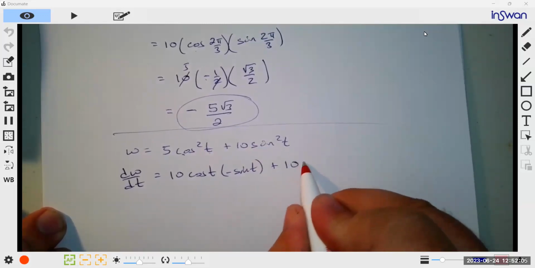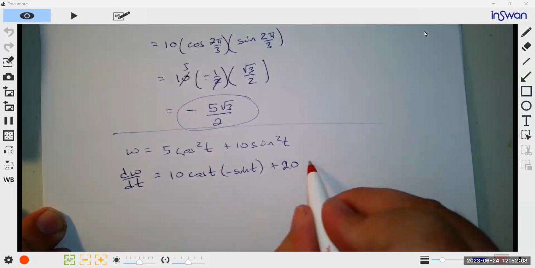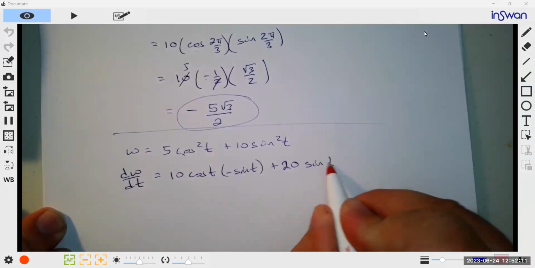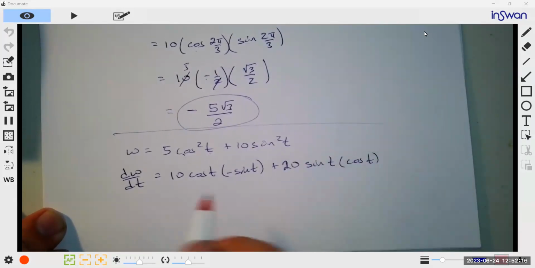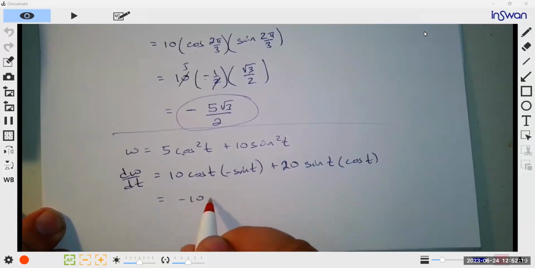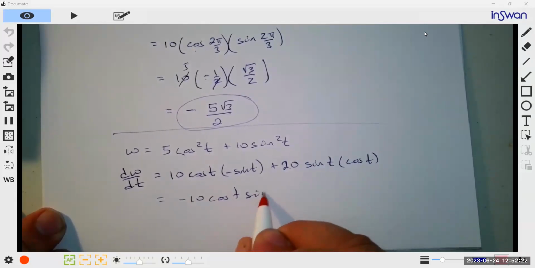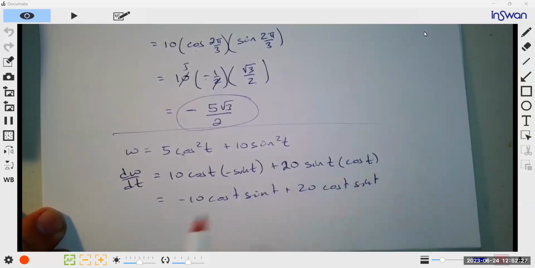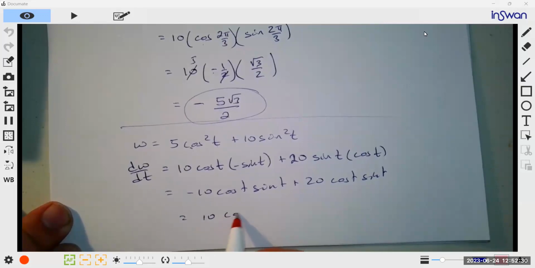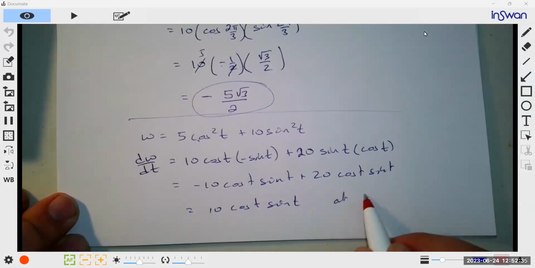Bring the 2 down, makes it 20 sine t, times the derivative of sine, which is cosine. Negative 10 cosine t sine t plus 20 cosine t sine t makes it 10 cosine t sine t. At t equals 2 pi over 3, we get the same thing because that's exactly what we had earlier.